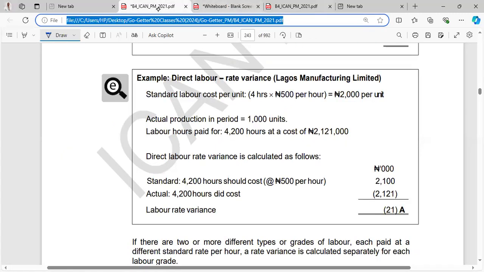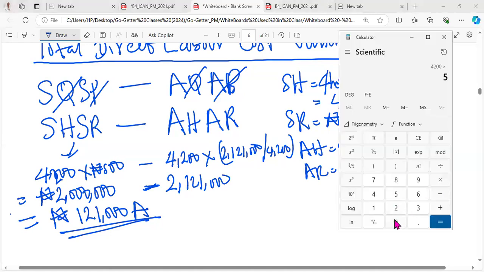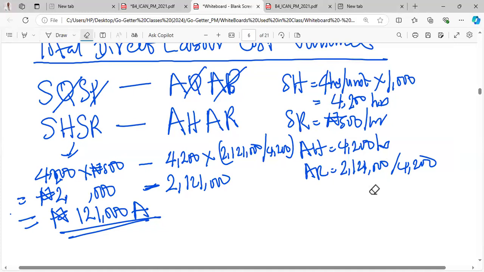That is where it's coming from. So let me change this to 4,200 hours. If we multiply again, 4,200 times 500, yeah, that's where the mistake is. So this is 2,100,000. Then this 100 will go, giving us 21,000 adverse. That is your total.